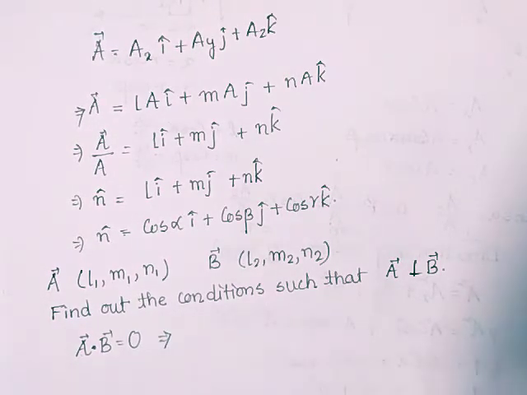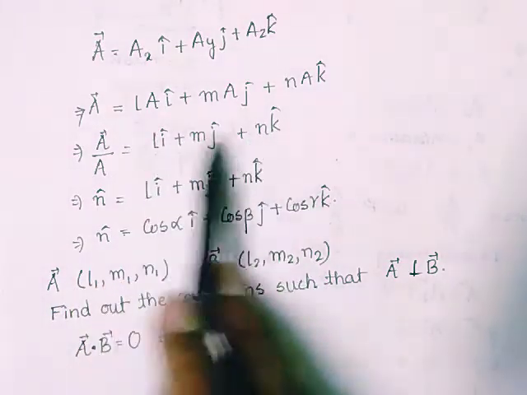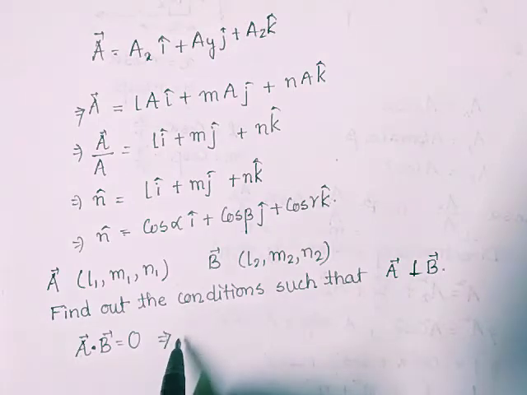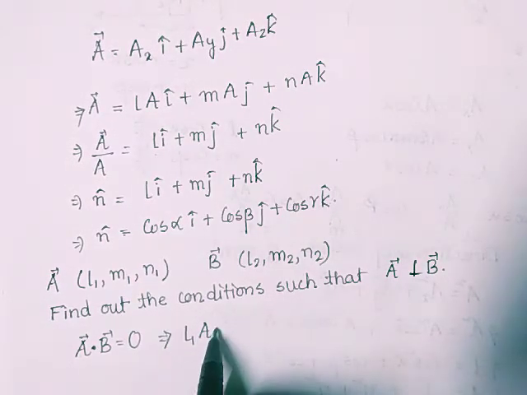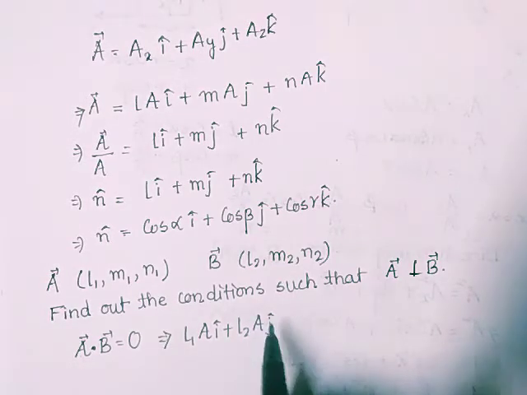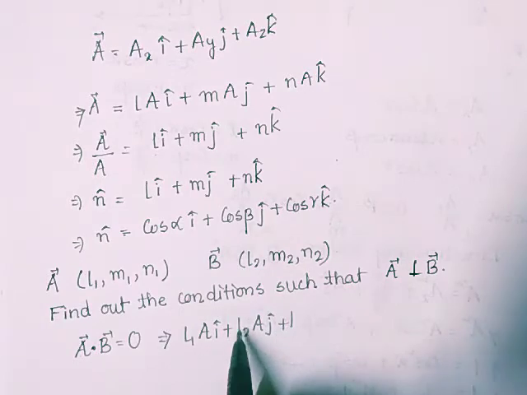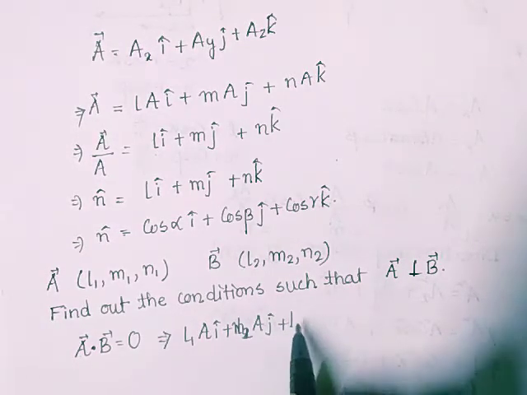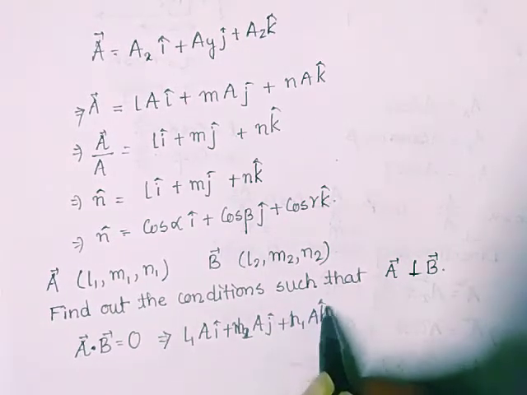Now the vectors can be represented like this. I represent the A vector as L1A i cap plus M1A j cap plus N1A k cap.